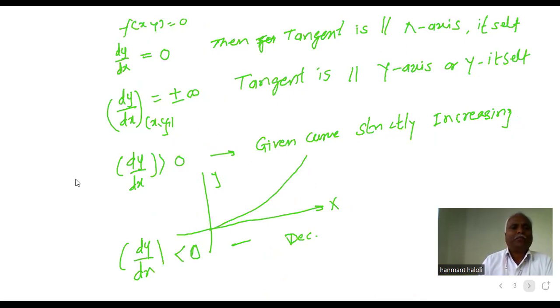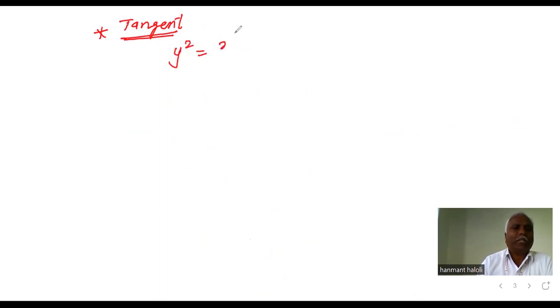Now next, we will check whether the curve has a tangent or not. Tangency. Just as I told you, first rewrite the example in the proper way. Then y square equals x square into a minus x upon x plus a. This is our equation.